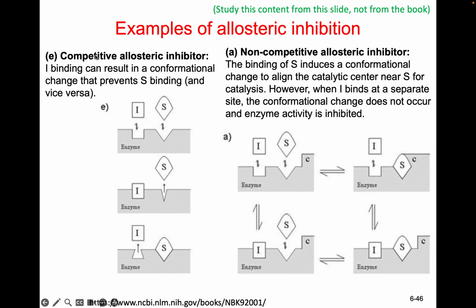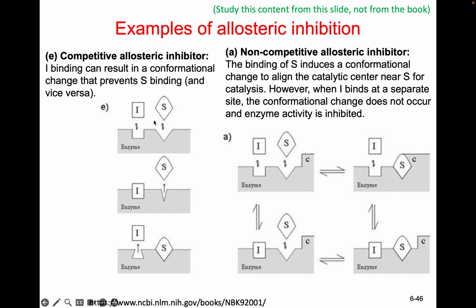So let's talk about a competitive allosteric inhibitor. Competitive meaning that the inhibitor can only bind to the enzyme when it's free. When it binds the inhibitor, the enzyme's active site changes. Remember, because it's allosteric, it doesn't bind to the active site only. It has to bind to another site.